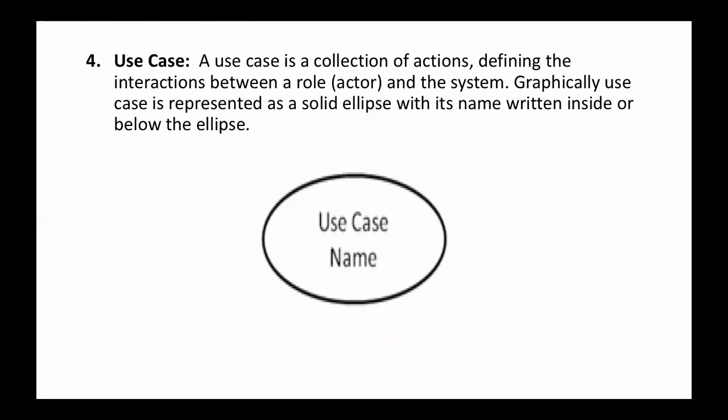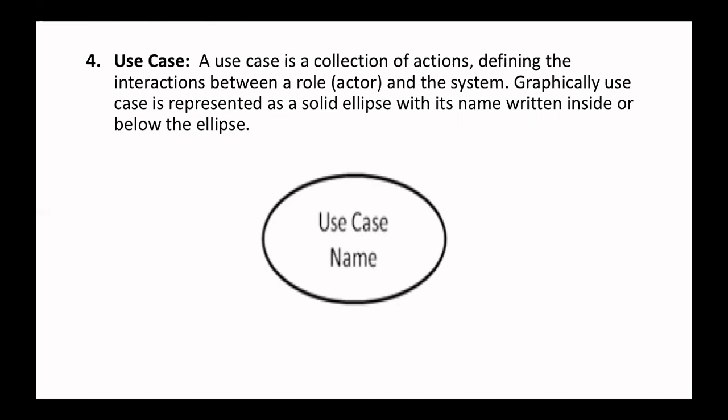A use case is used to structure the behavioral things in a model. A use case is realized by a collaboration. Graphically, a use case is represented as an ellipse with solid lines, usually including only its name.